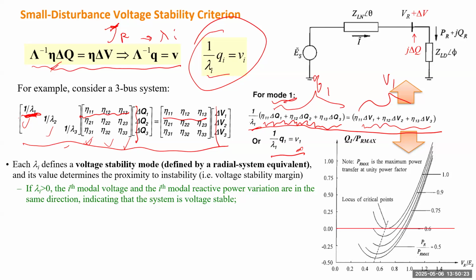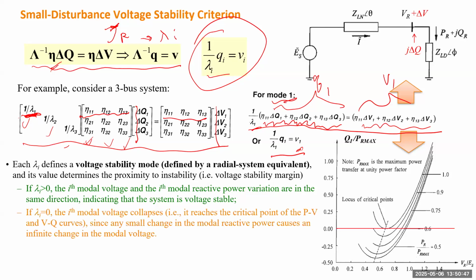For positive lambda i, the ith modal voltage and the ith modal reactive power variation are in the same direction. This means that if your voltage control is designed to improve voltage by increasing reactive power, such control can succeed because lambda is still positive.